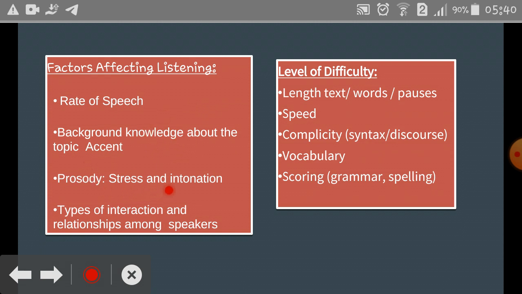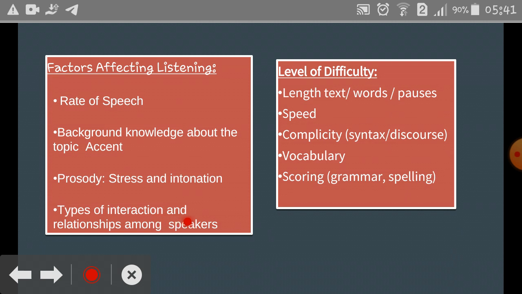And then stress and intonation, of course, will affect the listening skill. For example, a statement, a question, or a direction will have different stress and intonation. And then next, you have types of interaction and relation among speakers.